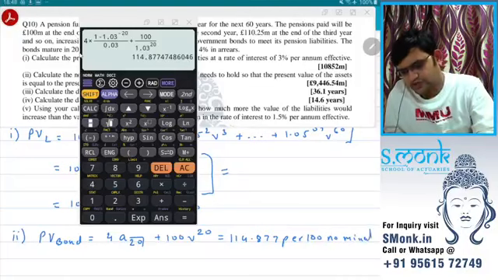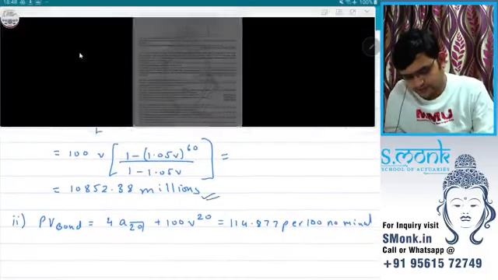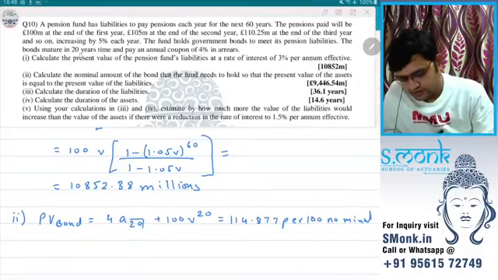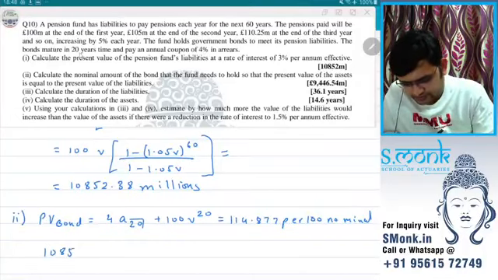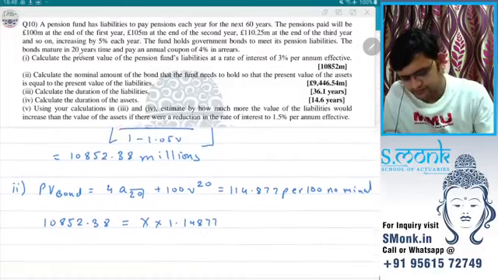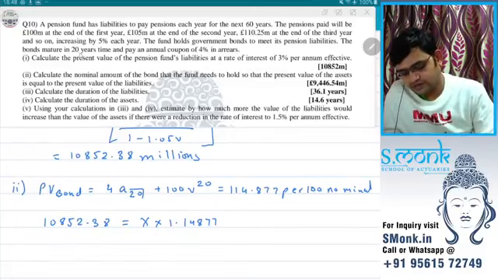So how much nominal should we keep so that we'll get this much present value? You'll say your 10852.38 will be equal to, let's say, x into 1.14877. This is the nominal that we will have.